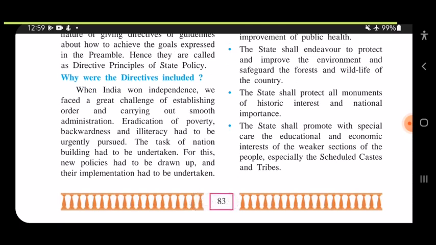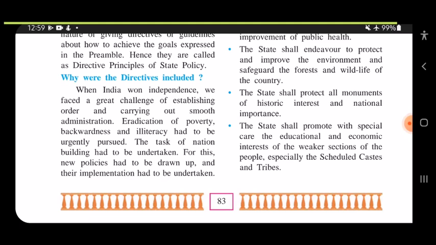Next, let us see why the directives were included in our constitution. When India won independence, we faced a great challenge of establishing order and carrying out smooth administration. We had to face challenges like eradication of poverty, that means taking poverty out of our country, backwardness and illiteracy.